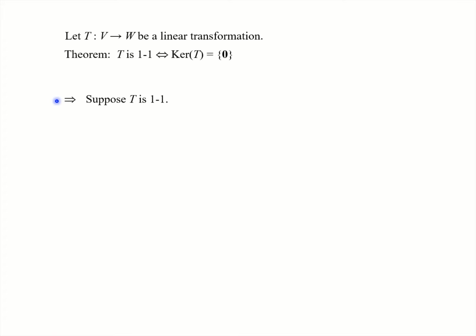Saying that a linear transformation is 1-to-1 says that if you take the linear transformation of some vector and it gives you the zero vector, that can only have one solution. That's the whole idea of 1-to-1.